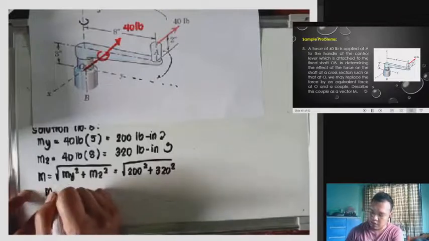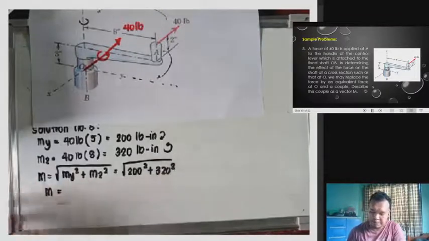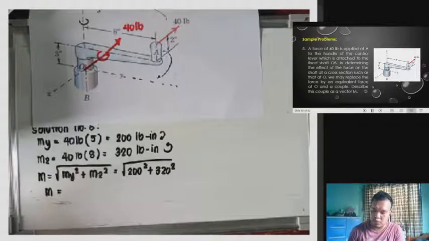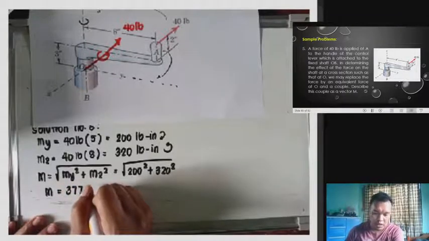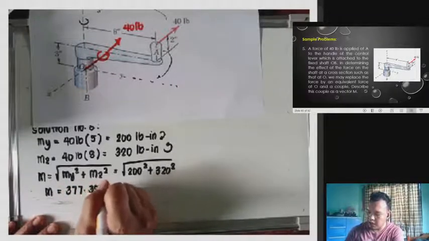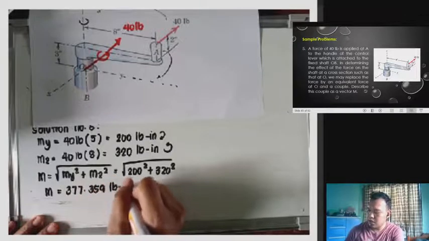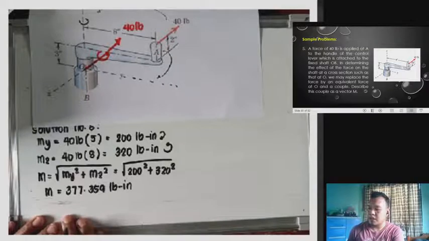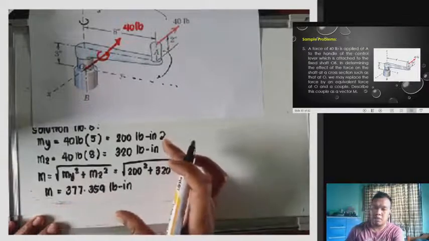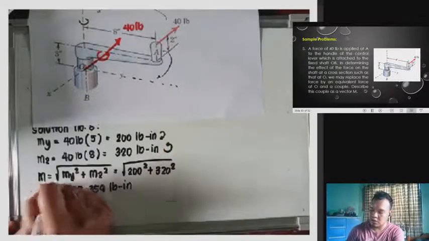Therefore, M is equivalent to 377.359 pound-inch. So this is one of the answers.